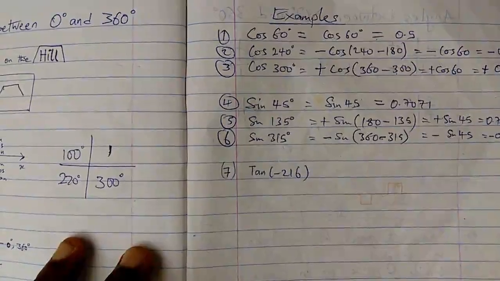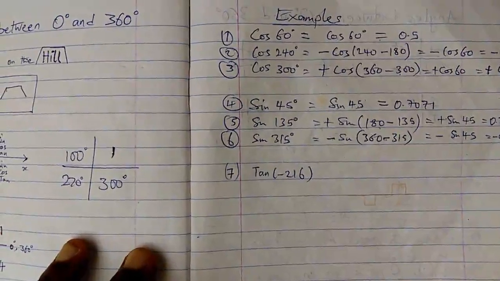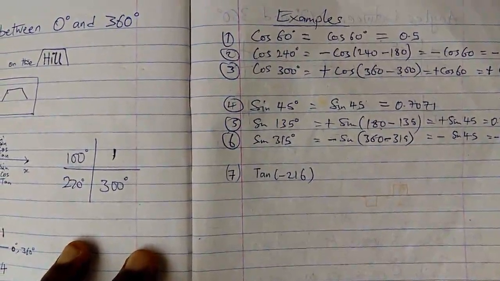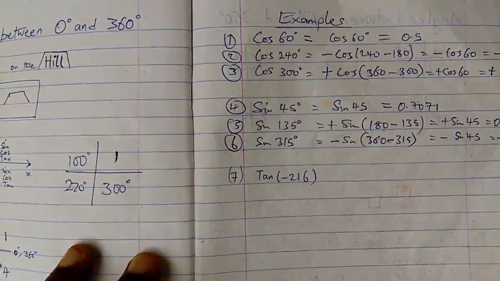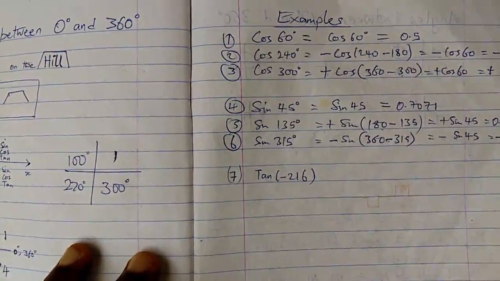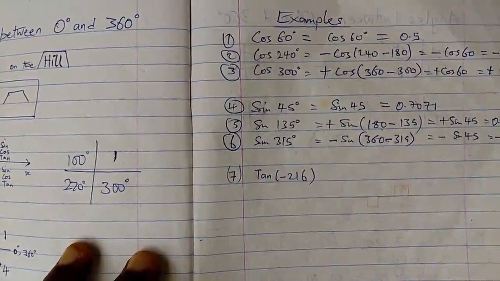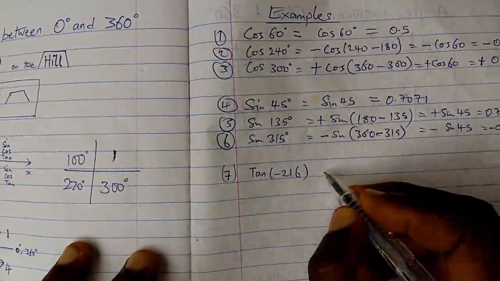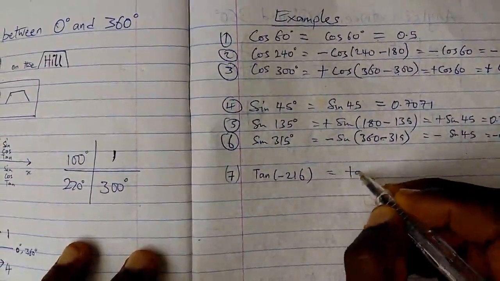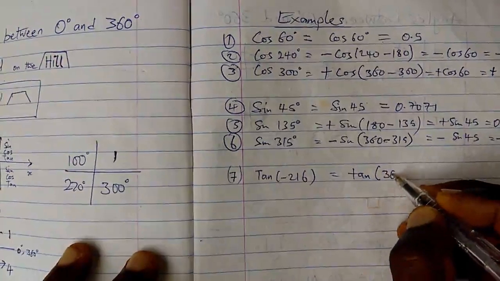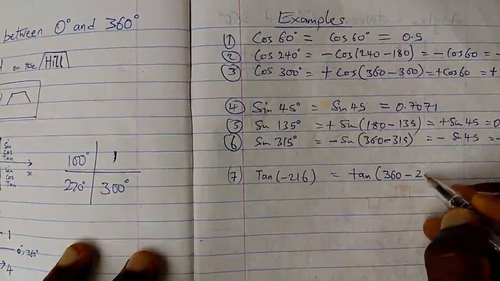All right, there are situations where you have a negative value of an angle. You don't just work on it that way. There is something you need to do before you start following these other processes. For tan of the negative angle, this would have to turn to tan of 360 minus 216.